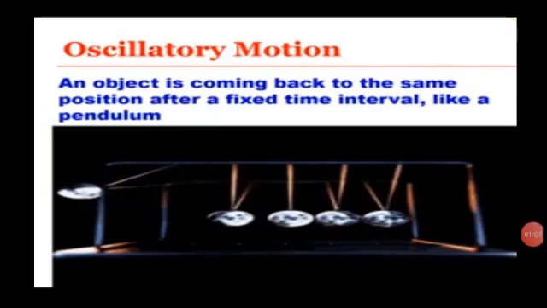Oscillatory motion is defined as the to and fro motion of an object from its mean position. Oscillatory motion means the motion of an object swinging back and forth, that is oscillating, is called oscillatory motion.